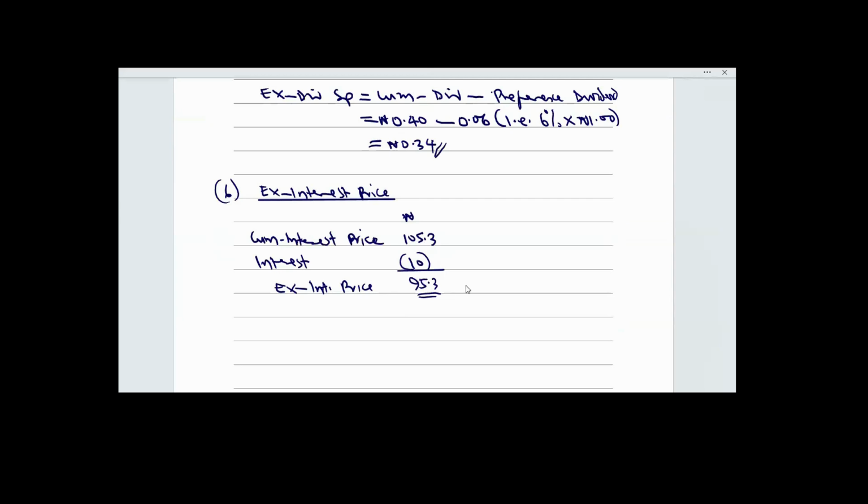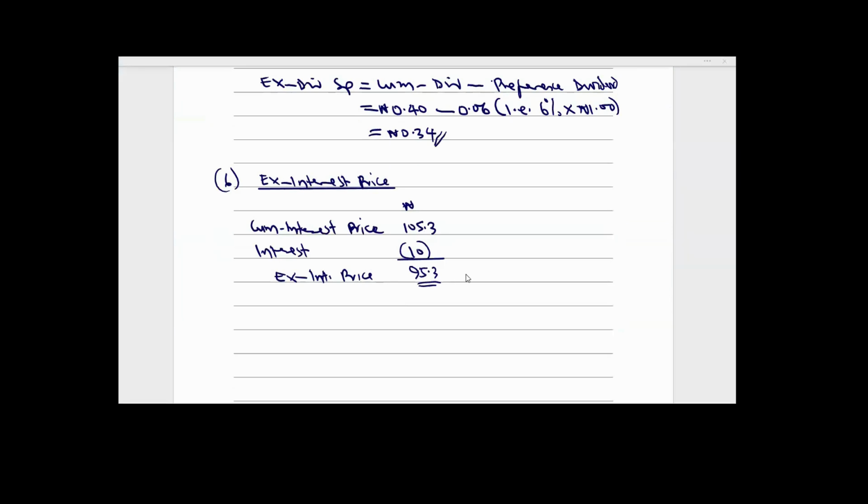Okay, according to the question, you are told that the company has also issued 200,000 naira of 10% debenture, which are redeemable at par in 2 years' time, with a current market value of 105 naira 3 kobo.